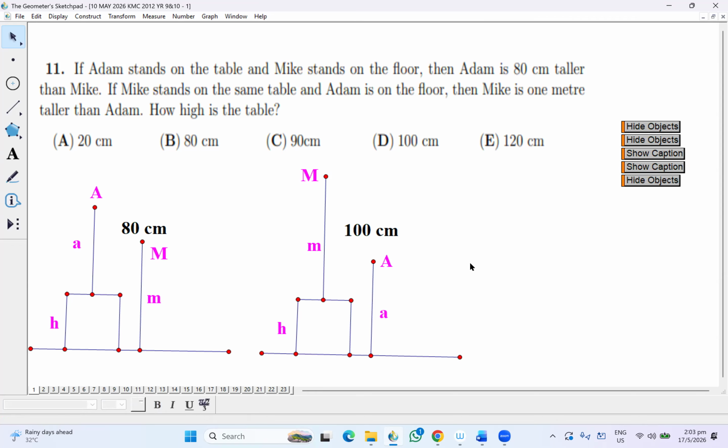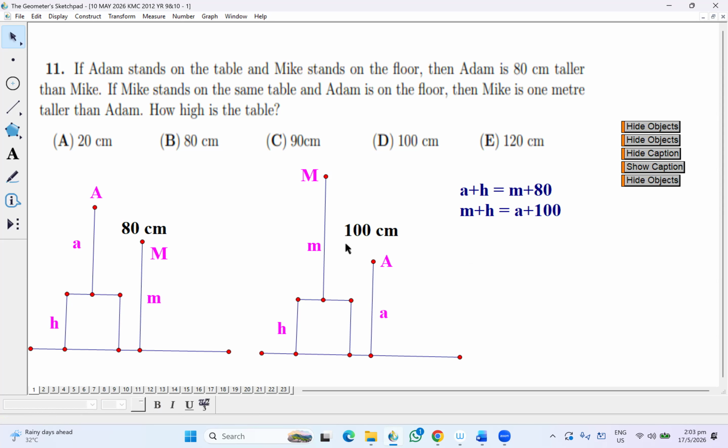So now, from the first diagram, A plus H, Adam plus table, is equal to M plus 80.